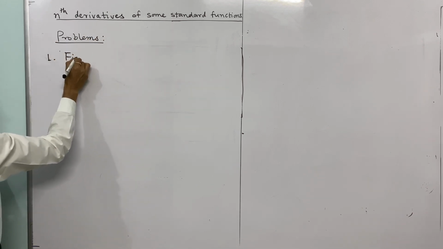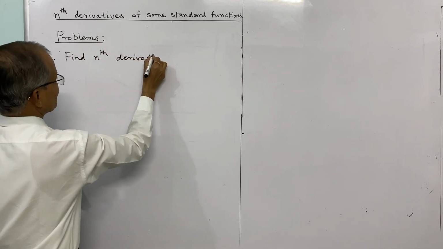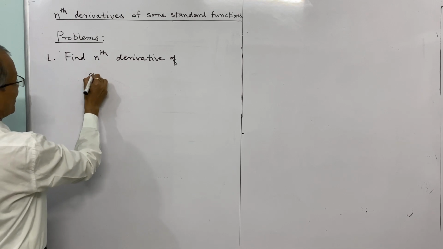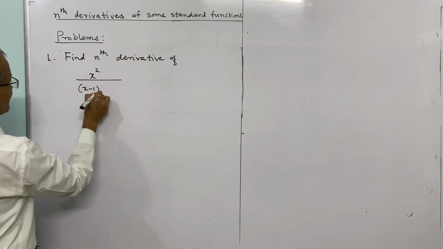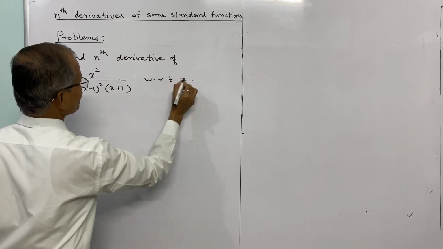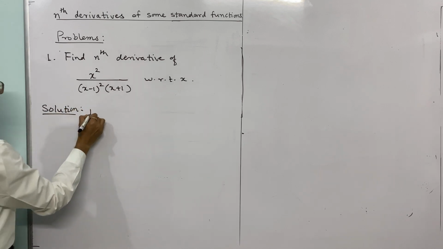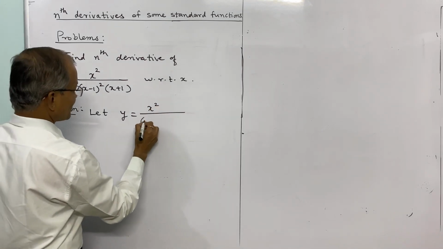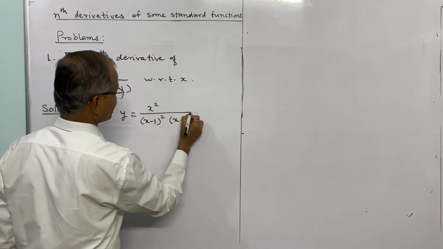Let's find the nth derivative of x square divided by x minus 1 whole square into x plus 1, with respect to x. Now we shall suppose this function as y. Let y is equal to x square divided by x minus 1 whole square into x plus 1.